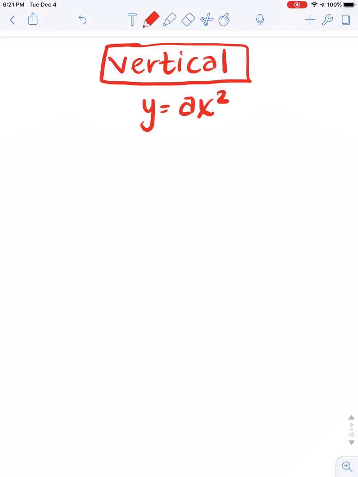Now, when I look at that number, remember I'm looking at this A value to decide what happens. So if A is greater than 1, or if A is smaller than -1, it's going to be a stretch.